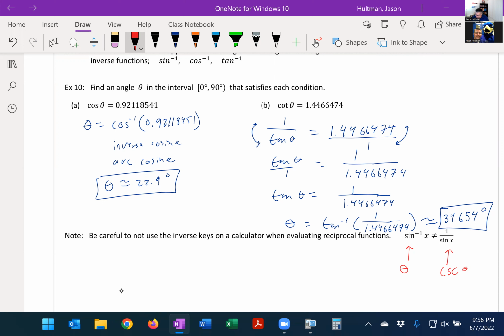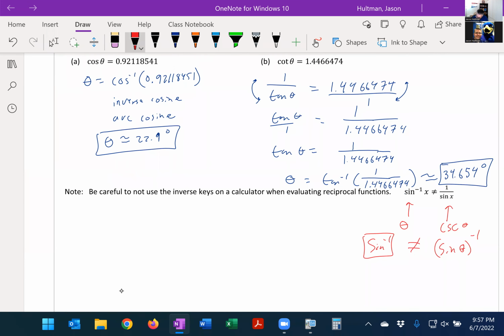So the inverse sine on the calculator is not the same as the sine of theta to the -1 power.